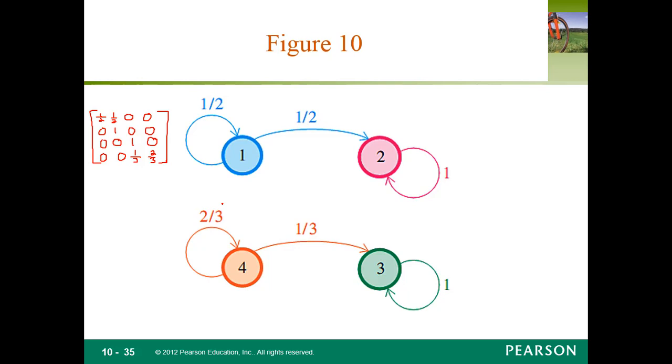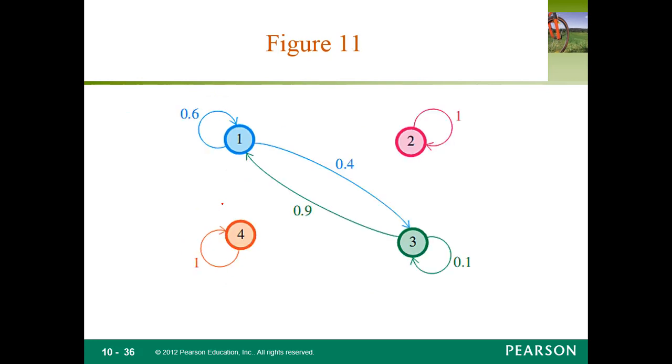Okay, let's see here. Okay, what about this one? Okay, and so in this one, what do we have? So let's draw the transition matrix from here. Okay, so what do we have? We have 0.6, 0, 0.4.